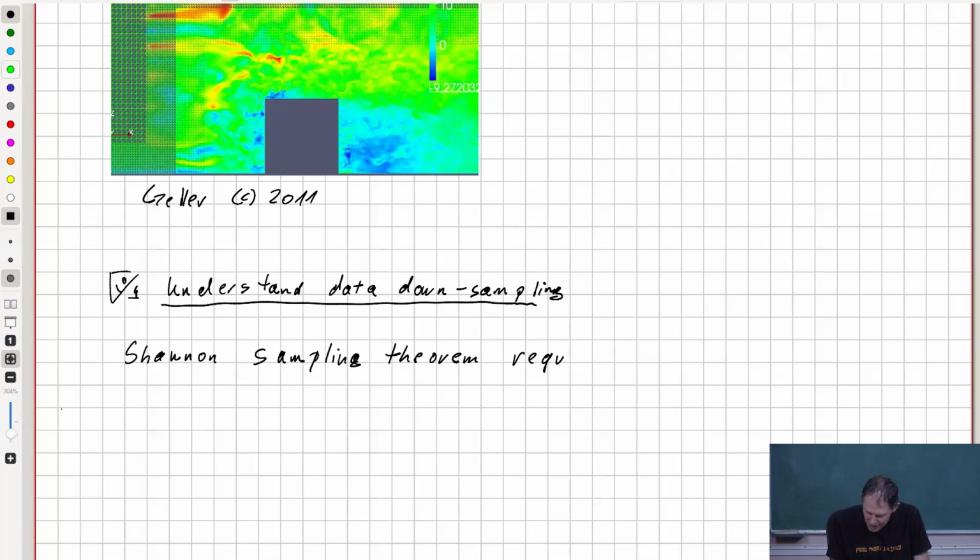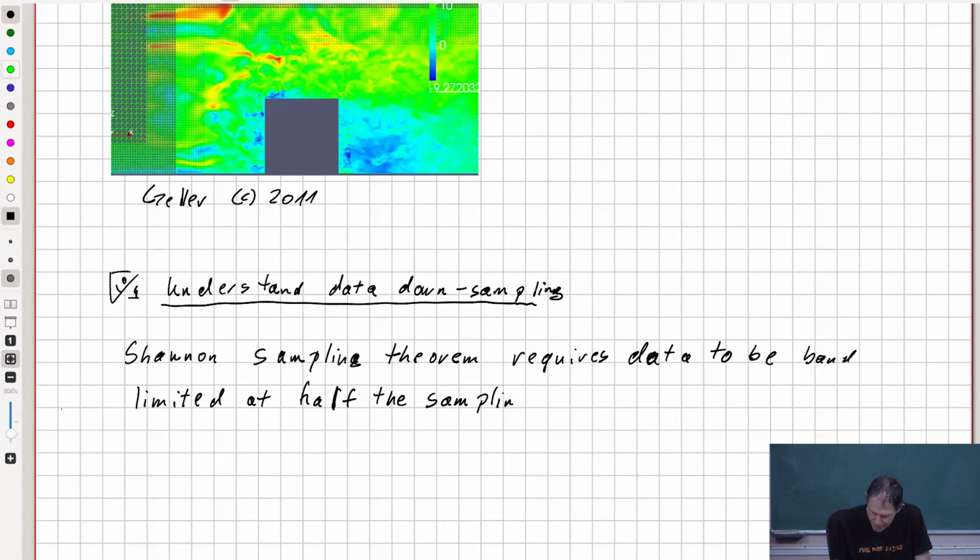So this requires data to be band limited at half the sampling frequency to avoid, so we talked about this, aliasing.